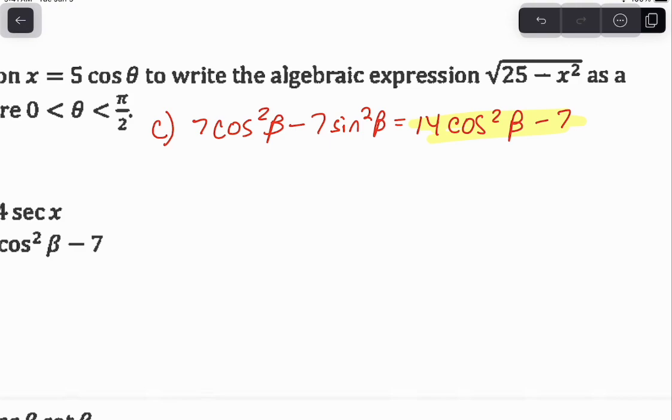Well, I know that there is a Pythagorean identity which relates sines and cosines. Sine squared plus cosine squared is equal to 1. So if we solve that, sine squared is 1 minus cosine squared.